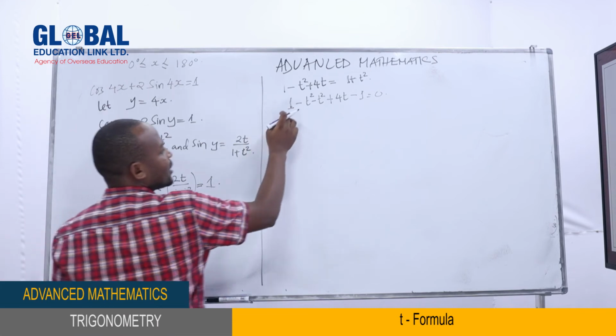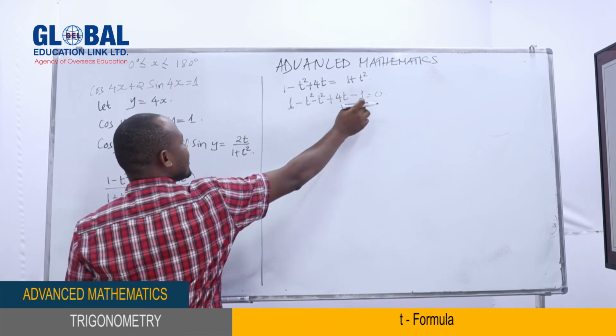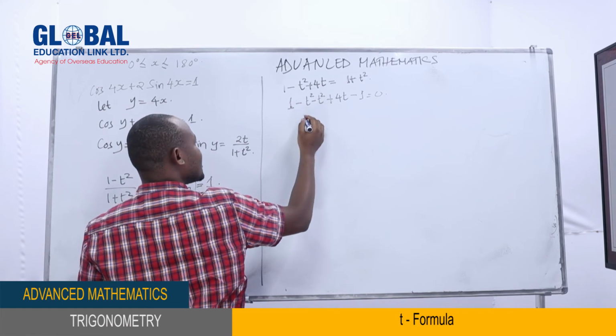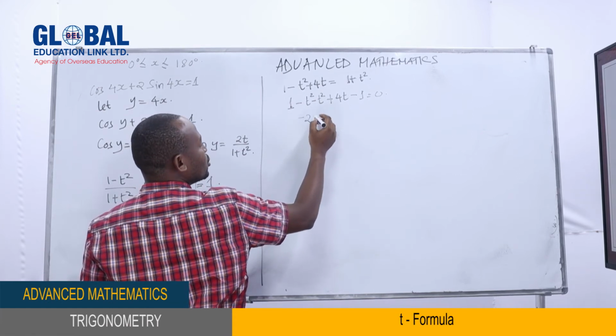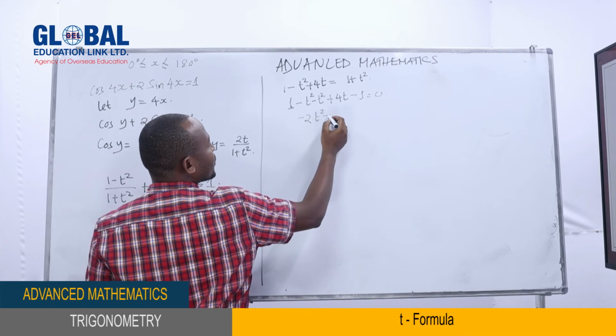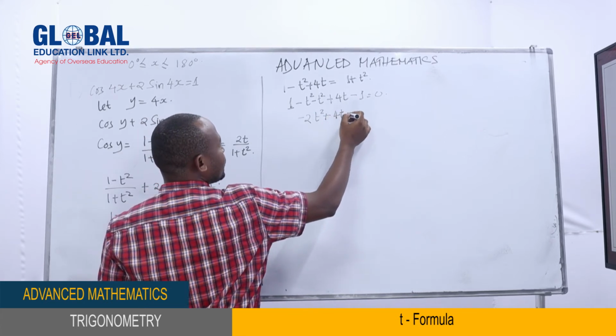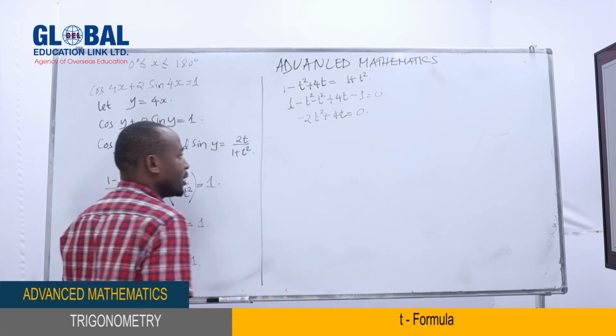Now let's correct: this is positive 1 and that is negative 1, so that's 0. And this is negative t² and that is negative t², so that's negative 2t², plus 4t equals 0.